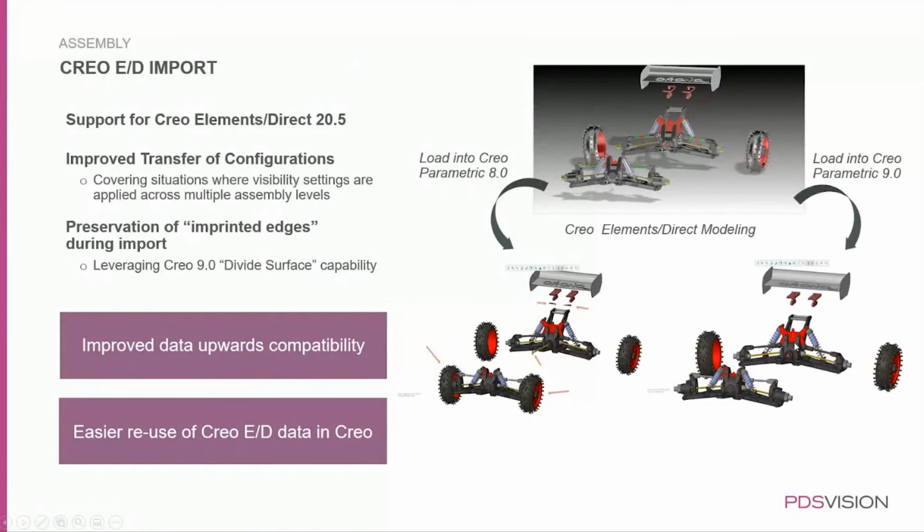But if I load it for Creo number 9, then the configuration is as it is in Creo Elements Direct. So basically, this enables reuse of Creo Elements Direct in Creo Parametric. And also, we have something called imprinted edges in there, which is now leveraging the divide surface capability of Creo 9. So even better support between the PTC products.